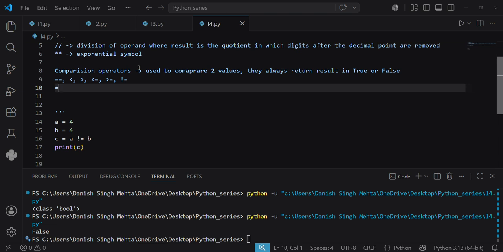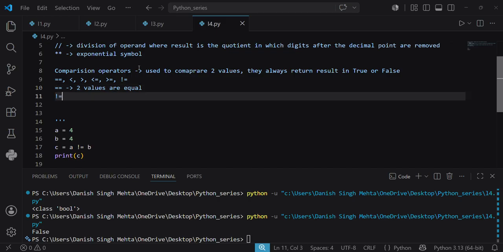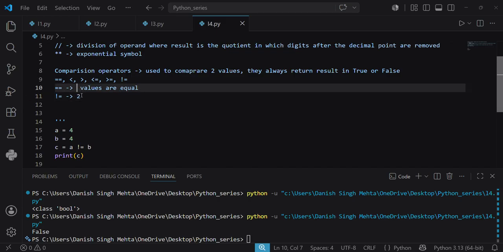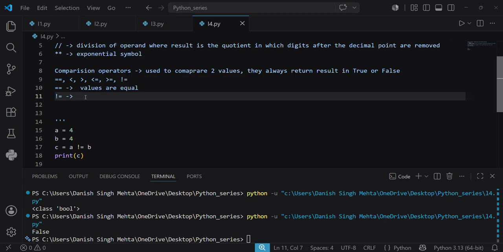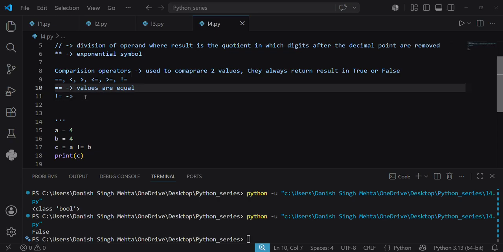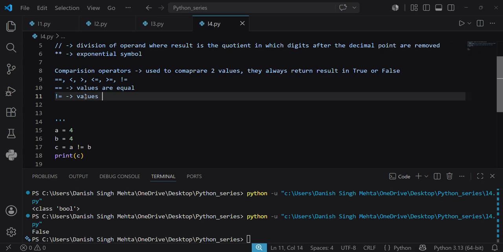So equal to equal to shows that two values are equal, and not equal to shows that values are not equal.